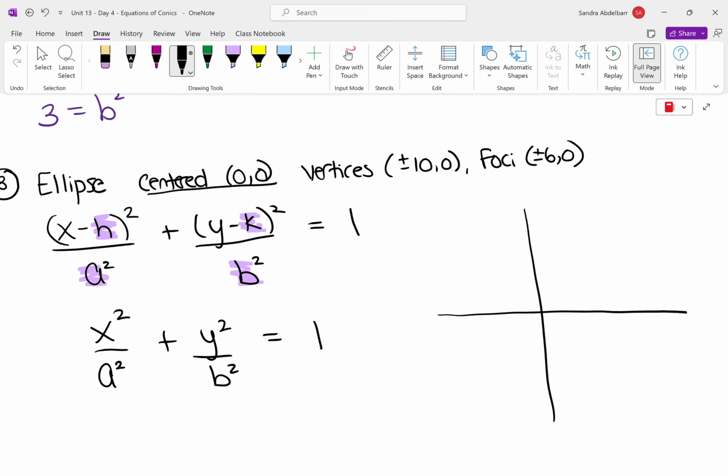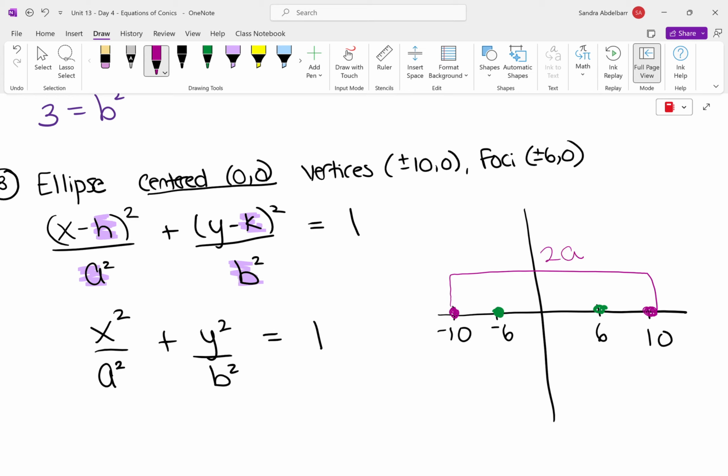I'm going to do a quick sketch. Now, if you guys remember, for an ellipse, the major axis is the distance between the two vertices on the major axis.